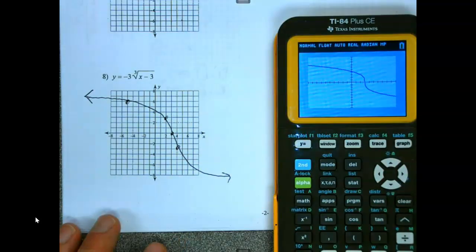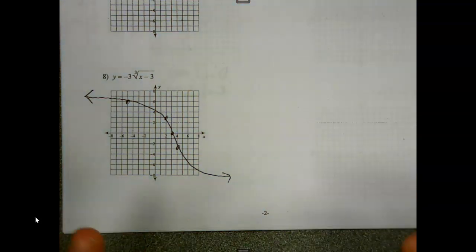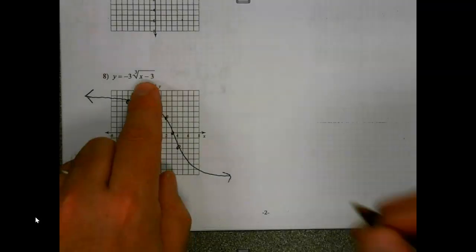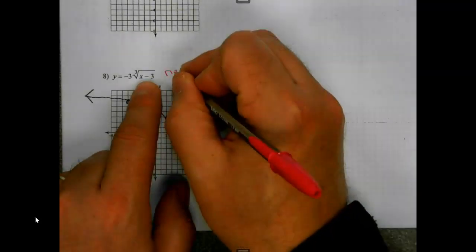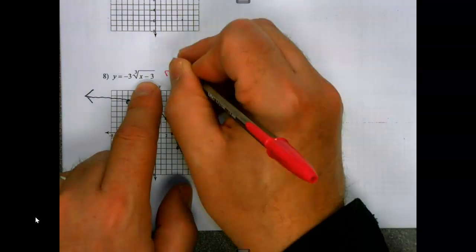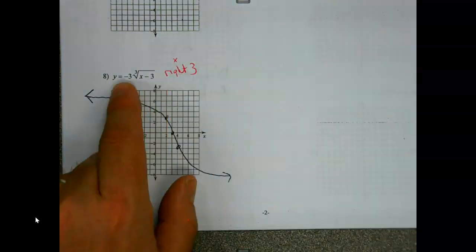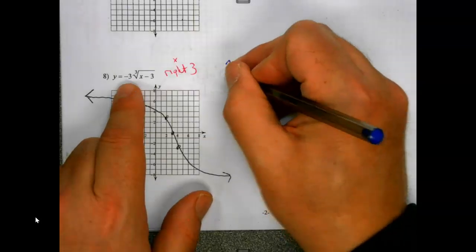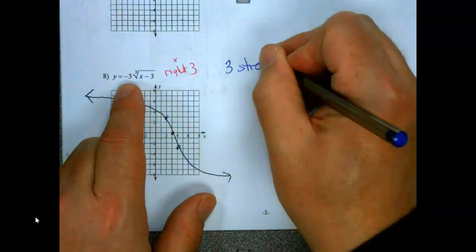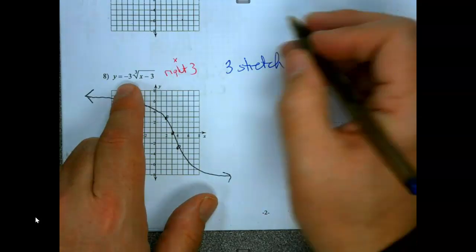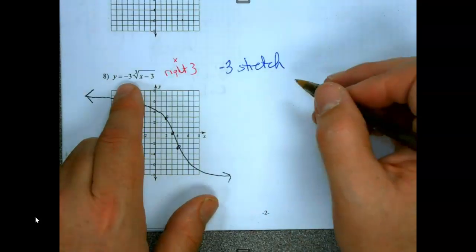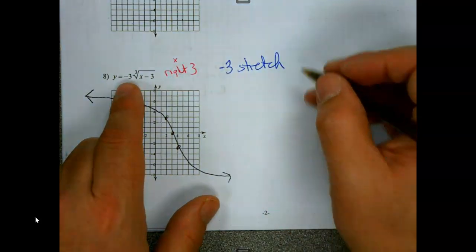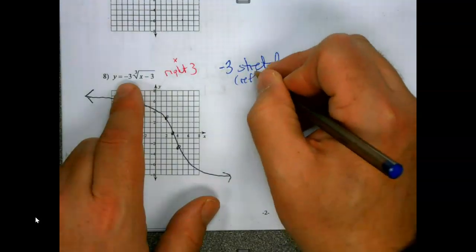Now, do you remember the other cool thing about these? I'll talk about the charts in a minute. Right 3 has to do with your x value. That -3, okay? Now, if you're looking at that, you can look at it as a -3, but that negative means it reflects.